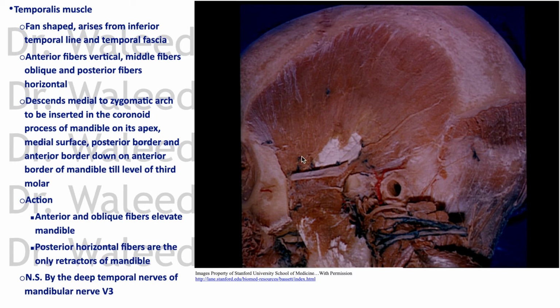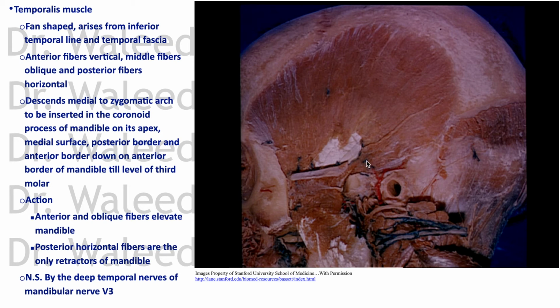See, anterior part vertical, then it goes oblique until it becomes horizontal at the back. Of course, this change in direction of fibers will provide the muscle with a variety of actions. Means that the anterior and middle parts are essentially for elevation of the mandible, but the horizontal part is actually for retraction of the mandible.